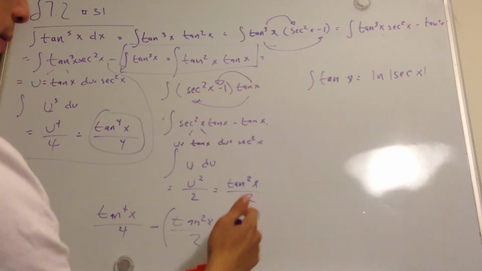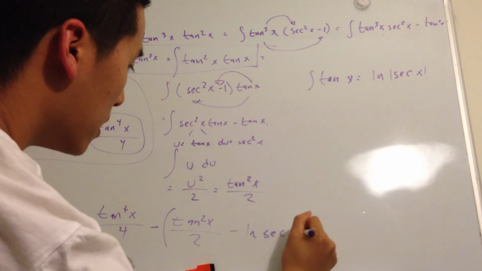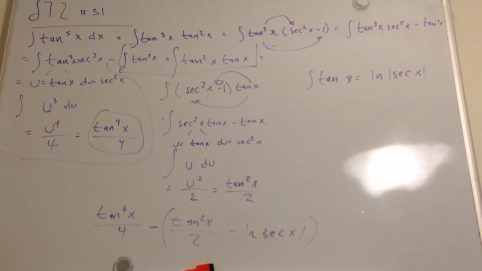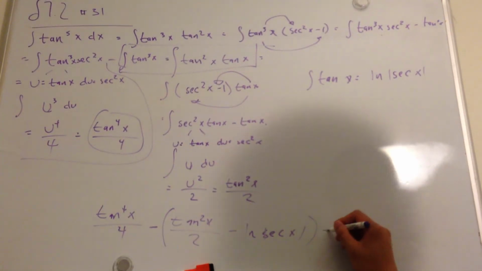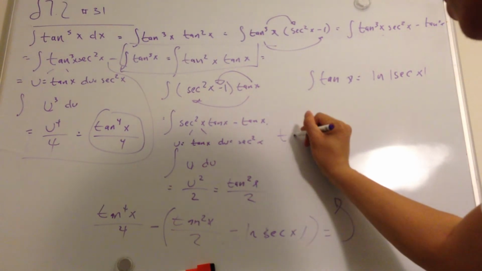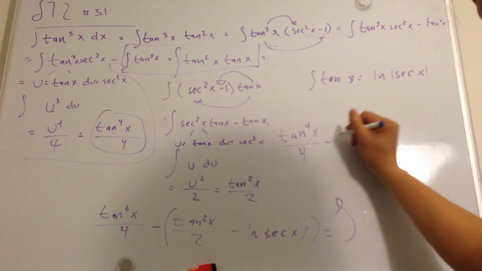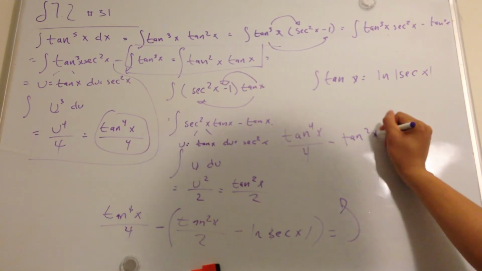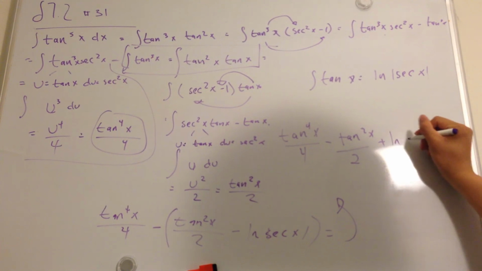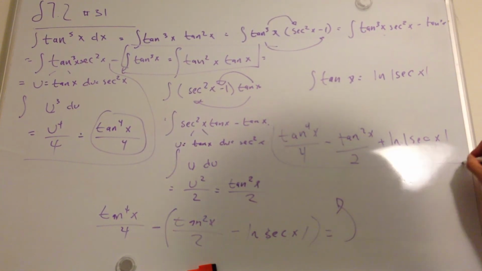And we also have plus ln secant x. And that is our answer. I mean, you can always further simplify this. Tangent to the 4x over 4 minus tangent squared x over 2 plus ln secant x. And this is our answer.